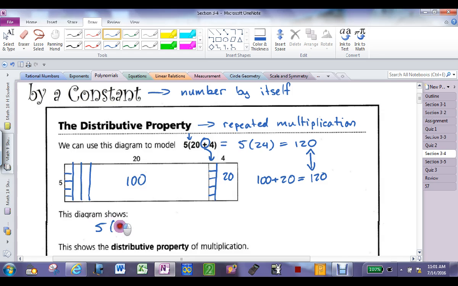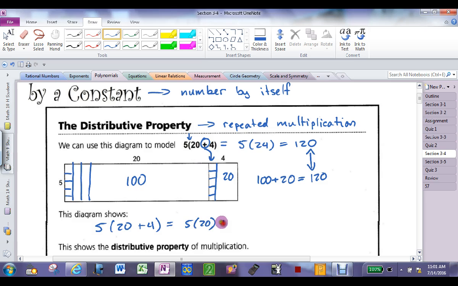First, we write it out. That is a constant. That is a binomial, but it's made up of constants, isn't it? Cool? Okay. So this diagram, the first thing we did was 5 times 20, yes? So we do 5 times 20.